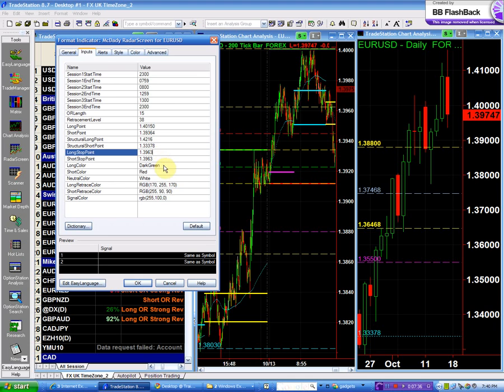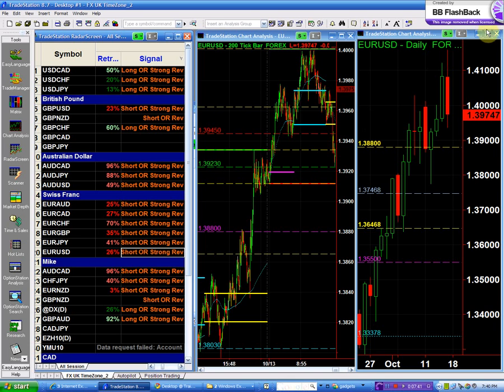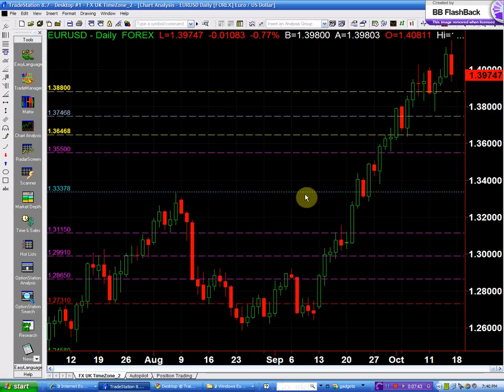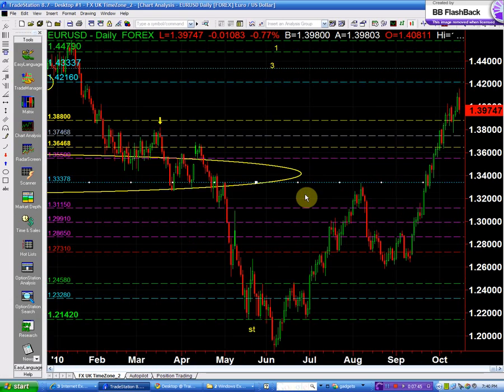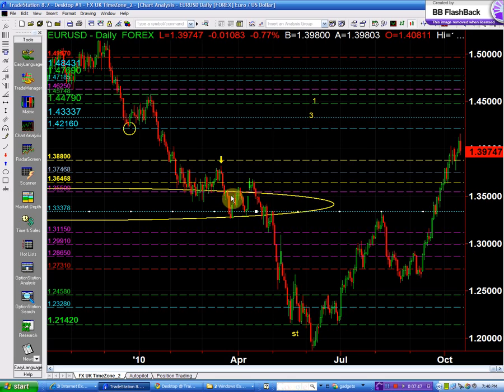Okay, so now the structure long to the upside. Let's see what the structure long to the upside is. The next one here is the 142.16, and that's the beauty again of doing your work based on price behavior. When you identify a structure point, that structure point is there forever.